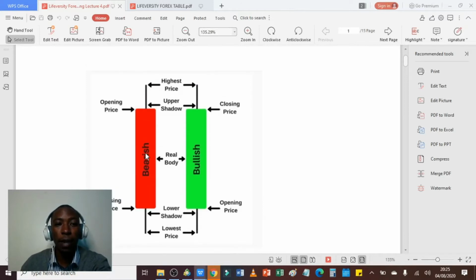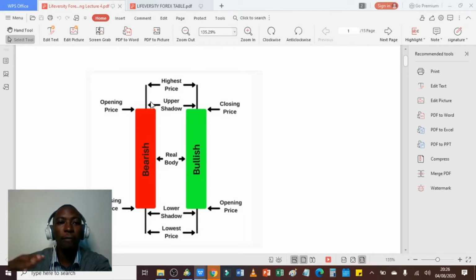The middle part, that is the real body. For the bearish candle, the opening price is up and the closing price is low, down there. And then we have the lower shadow and the upper shadow.